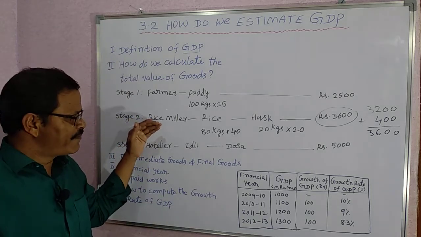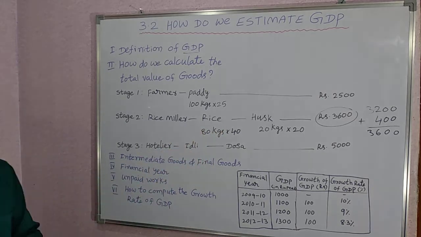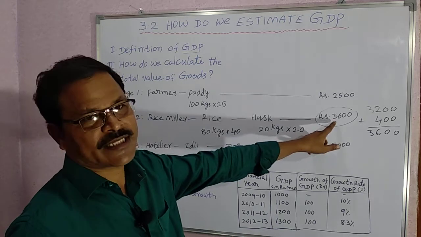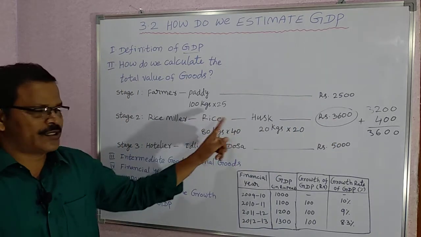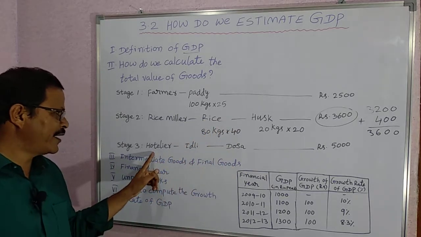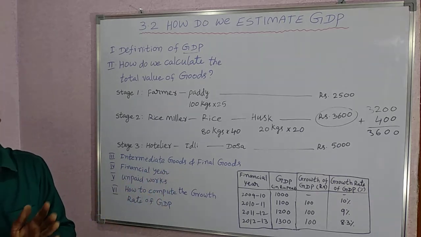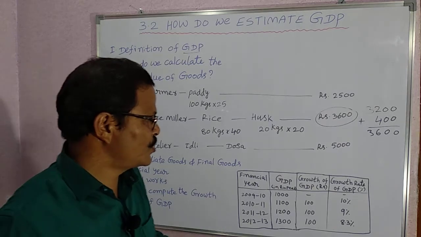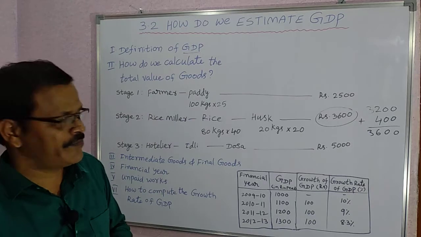The rice miller sells his products, rice and husk, to a hotelier and earns 3,600 rupees. By using these two products, the hotelier makes idli and dosa and sells them for 5,000 rupees.